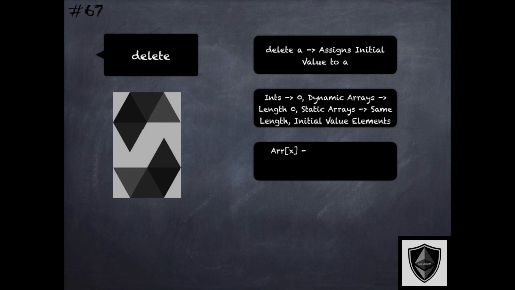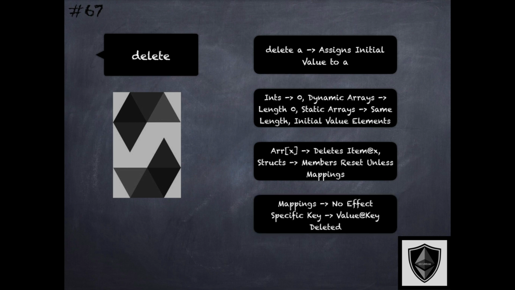For structs, delete assigns a struct with all the members reset to their initial values. Delete has no effect on mappings. This is an exception that has to be paid attention to. So if you delete a struct, which in turn has a mapping as one of its fields, then delete will reset all the members of that struct that are not mappings, and will also recurse into each of those members unless they are mappings.